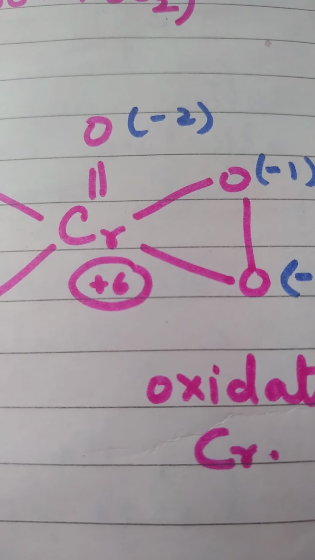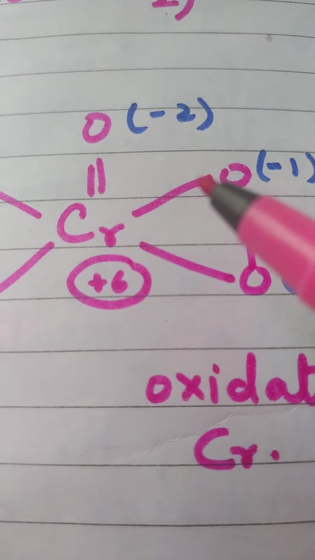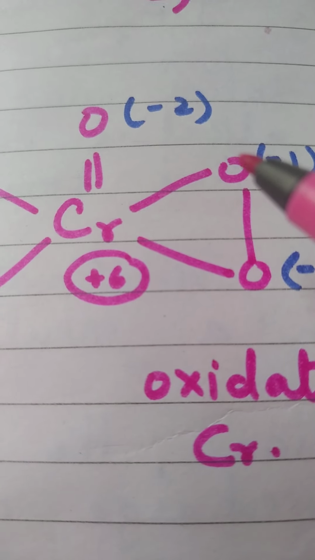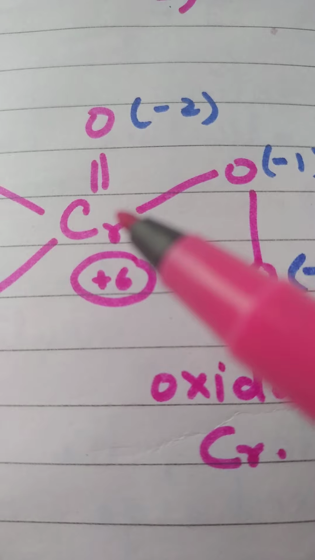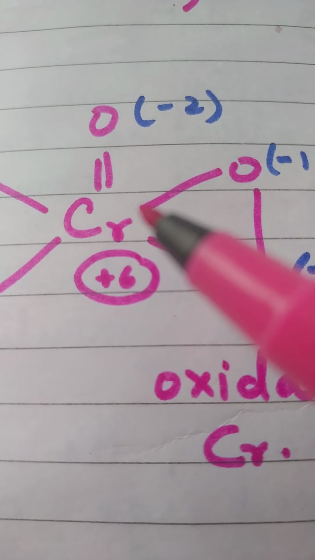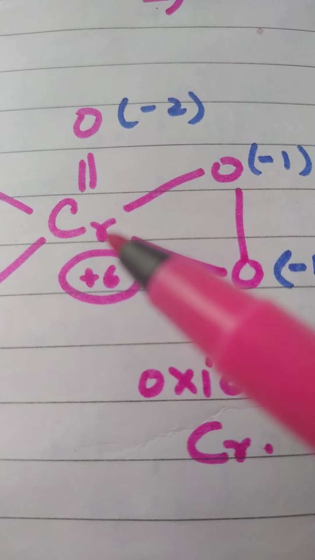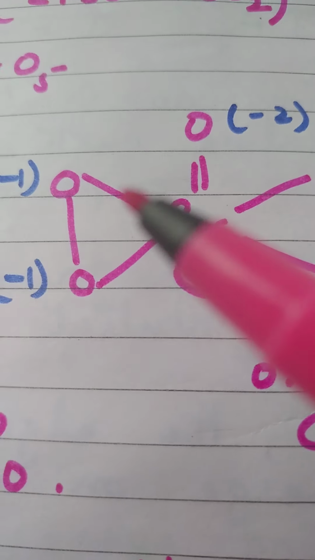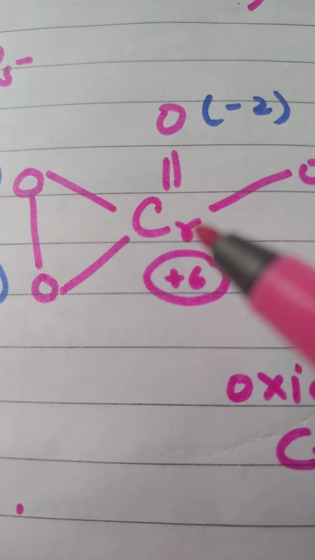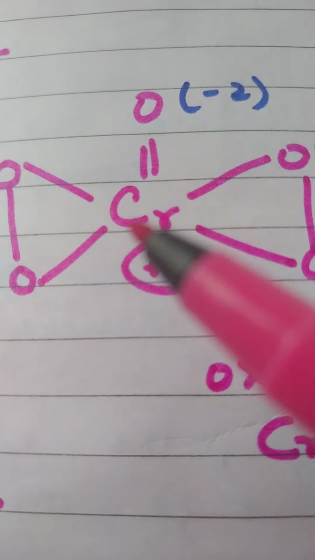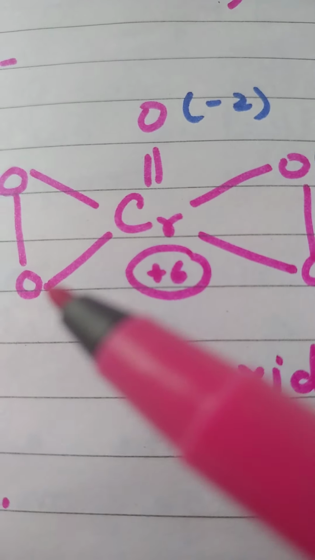Right? Oxygen will be minus 1, one bond only there, minus 1. So this will be plus 1. So plus 2 and plus 1, plus 3. Here also minus 1, plus 1, plus 4. Here minus 1, plus 1, plus 5. And here it will be plus 6. So total charge we are getting is plus 6.